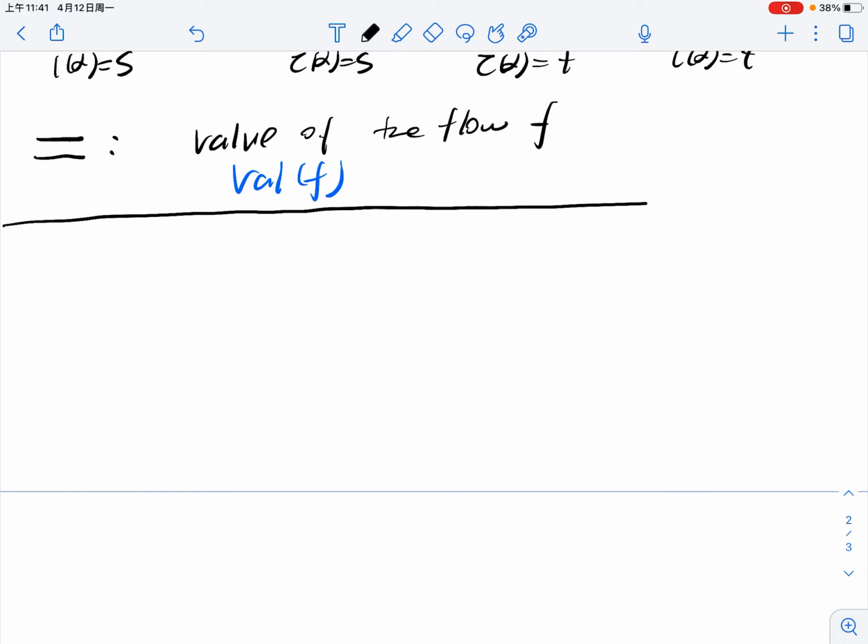Okay, when we have some objects, we always want to ask what the extremal case is.